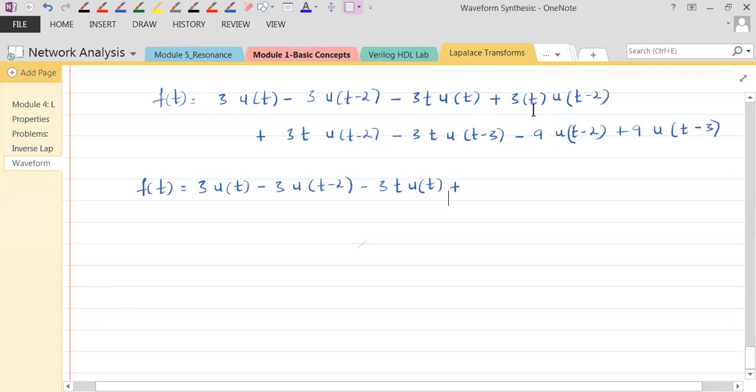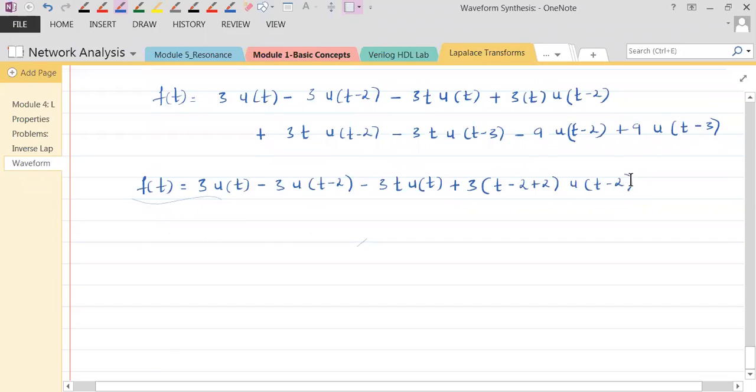So this also needs to be t minus 2. That means I need to add and subtract 2 to this t in this particular place, so we'll have a term t minus 2. So how to do that? It's 3 into (t-2+2) u(t-2). This is how the things go.